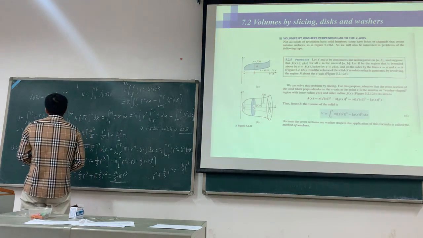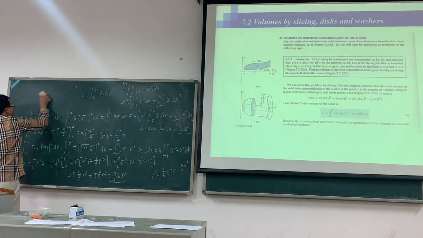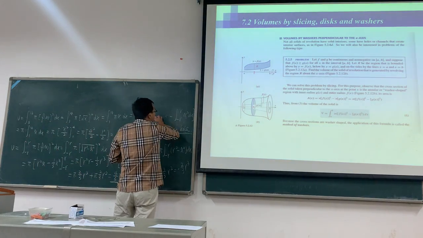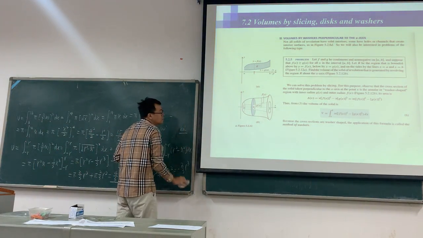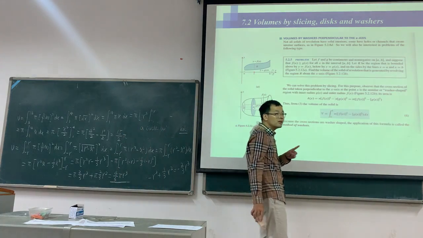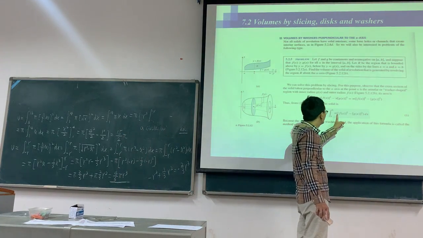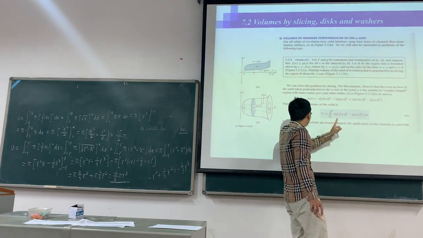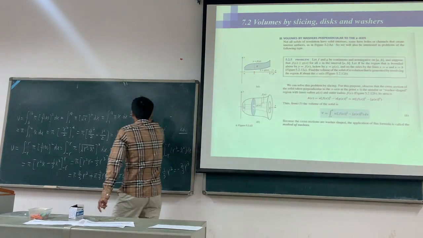So for this case, we have the volume equal to the definite integral of pi times f(x) squared minus g(x) squared, from a to b.